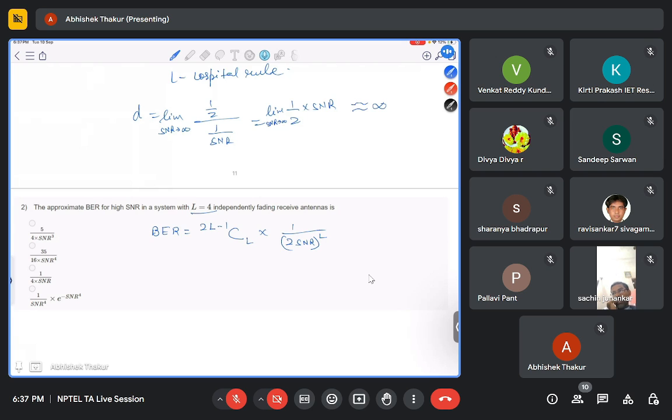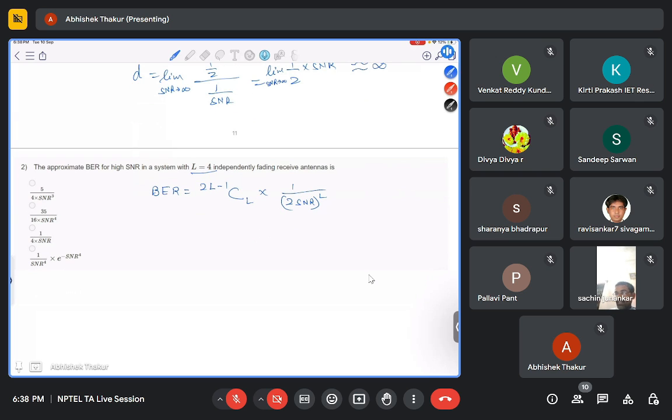So we can substitute. And before that, this is the approximate equation.